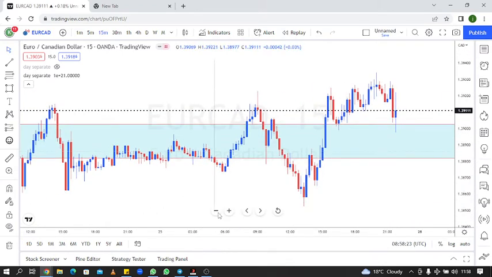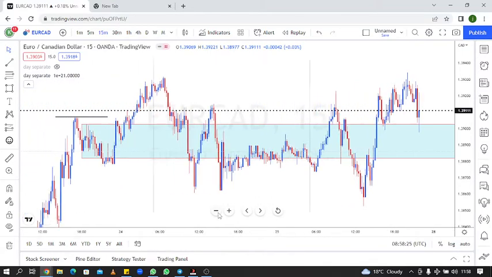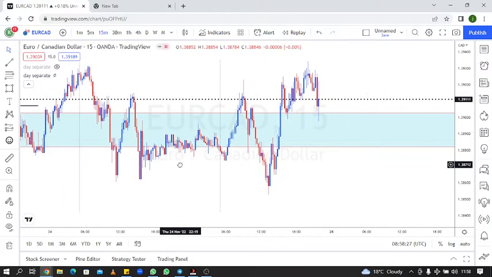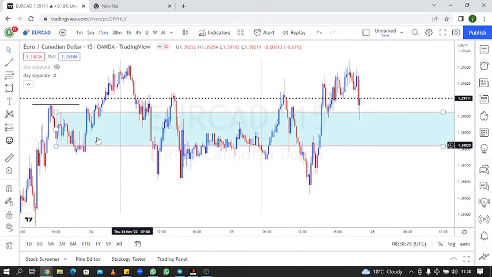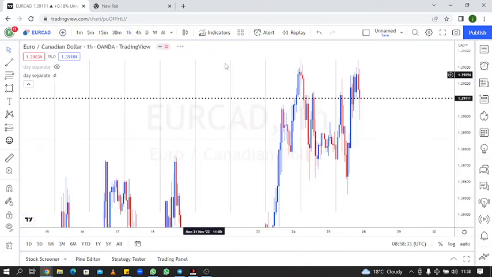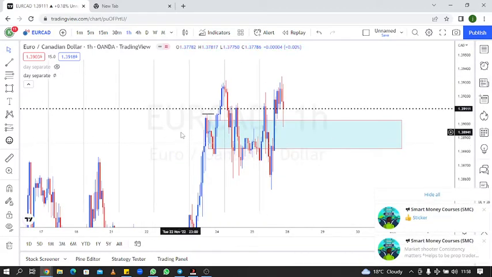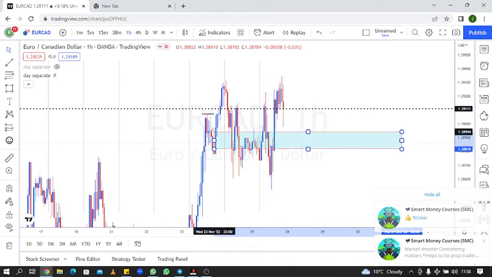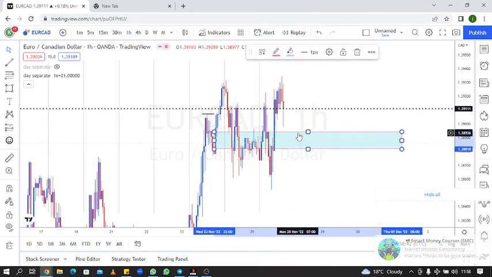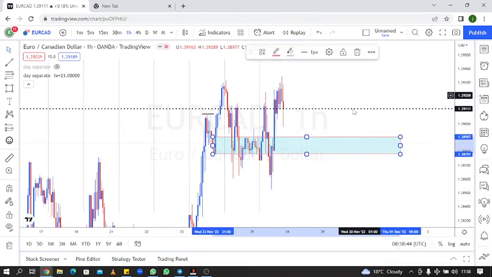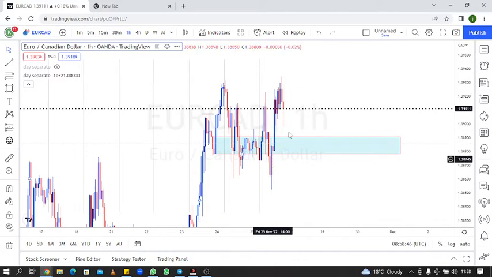So when you look at this in our M15, the market reacted fully on that level, but we can refine it on our lower time frame. We reduce it to this order block on H1. So this was the whole thing.